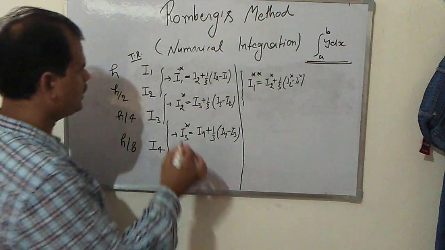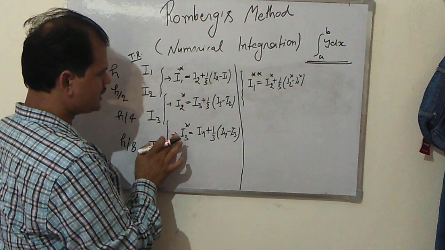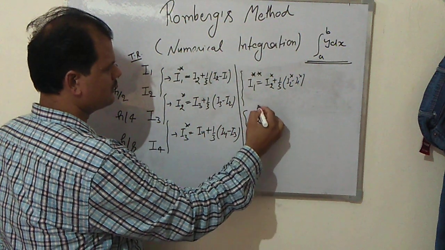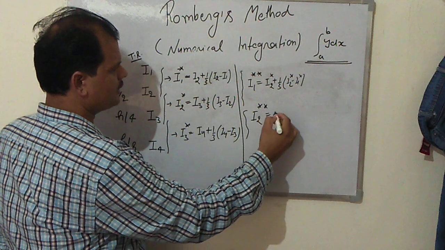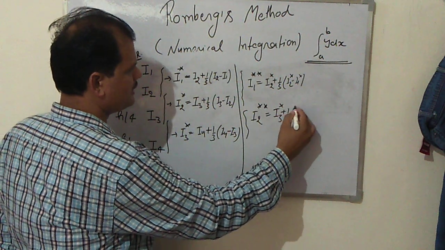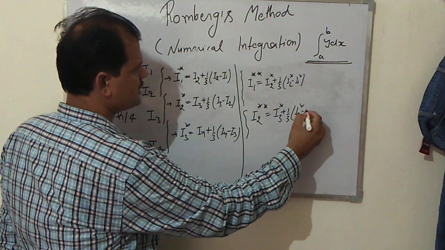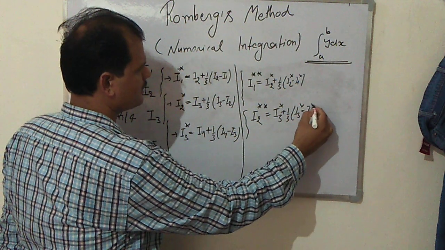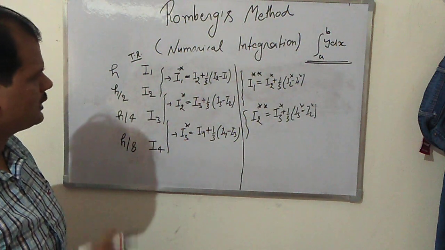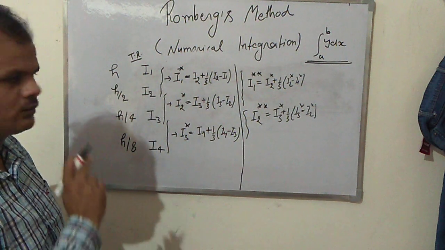Now from I2 star and I3 star, we can have I2 double star equal to I3 star plus 1/3 of (I3 star minus I2 star). So we have got I1 double star and I2 double star.